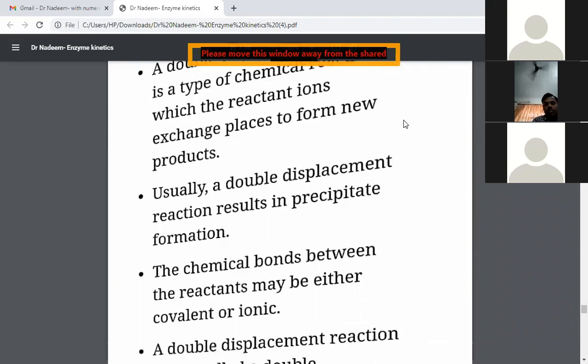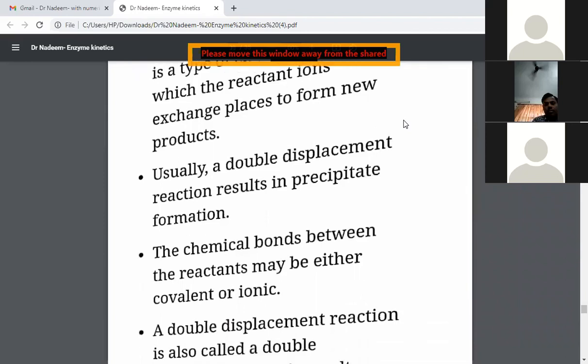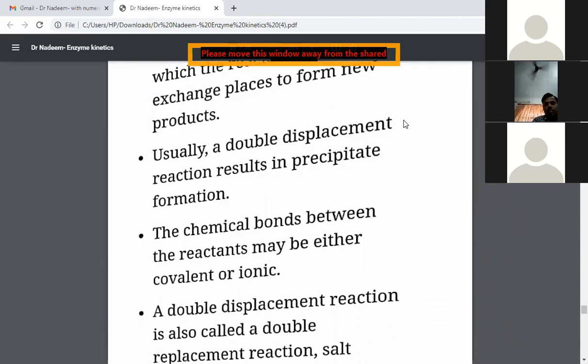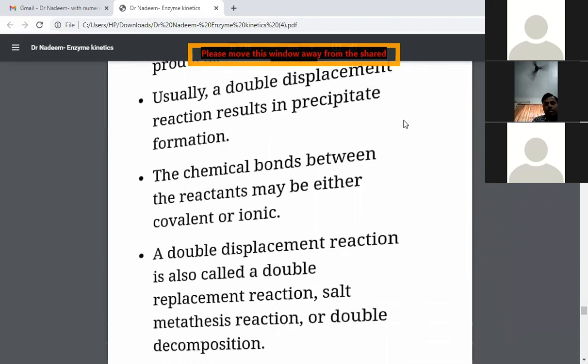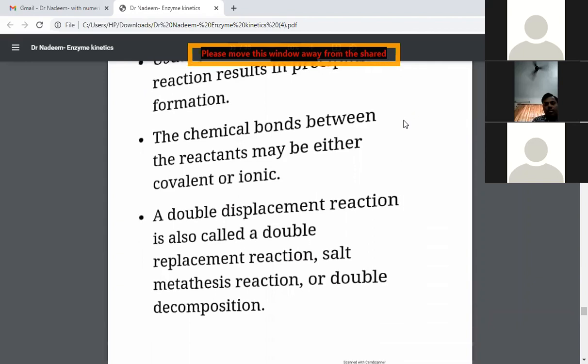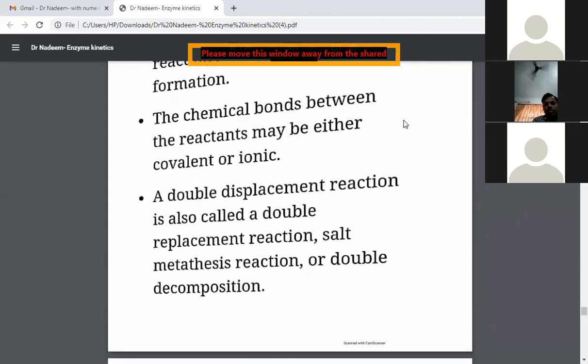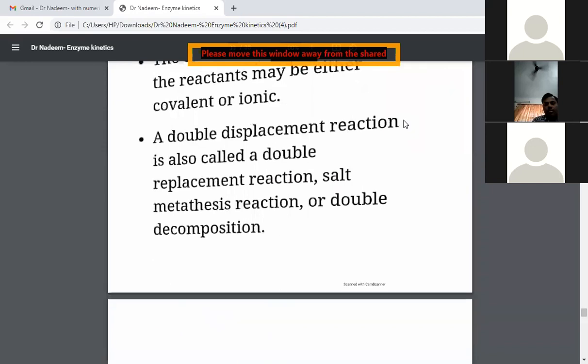The chemical bonds between the reactants may be either covalent or ionic. A double displacement reaction is also called a double replacement reaction, salt metathesis reaction, or double decomposition.